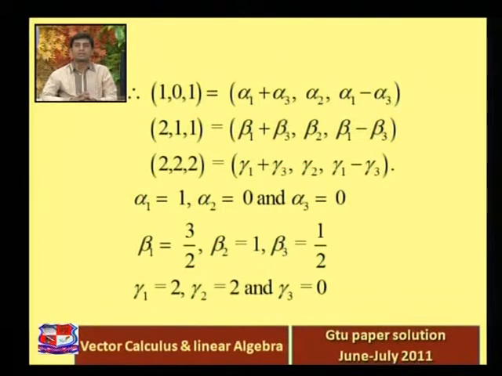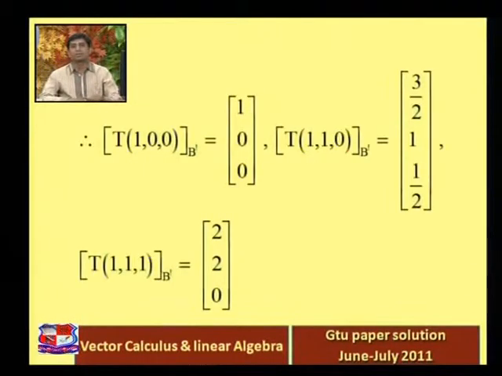Now, what is our associated matrix? The first column is (1, 0, 0), because alpha 1 is 1, alpha 2 is 0, and alpha 3 is 0. The second column is (3/2, 1, 1/2), because beta 1 is 3/2, beta 2 is 1, and beta 3 is 1/2. And gamma 1 is 2, gamma 2 is 2, and gamma 3 is 0, so that is our third column.